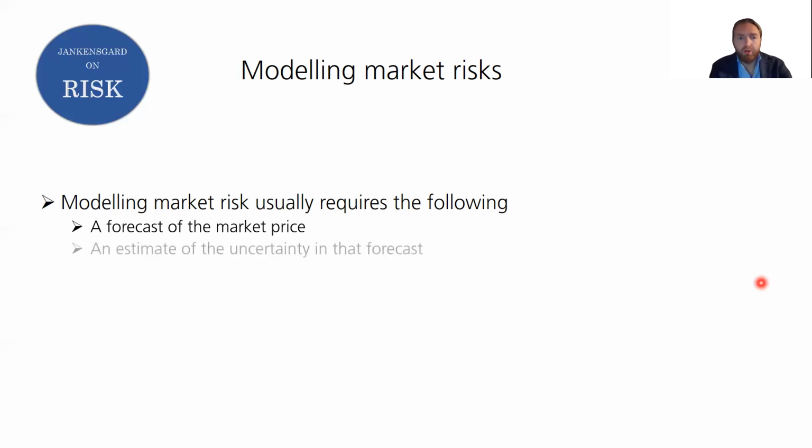So that's the forecast. Then the estimate of uncertainty is understood as deviations from that forecast. Anything unexpected, which is then interpreted as anything else than the forecasted value. So we want a quantification of the magnitude of uncertainty in that forecast.